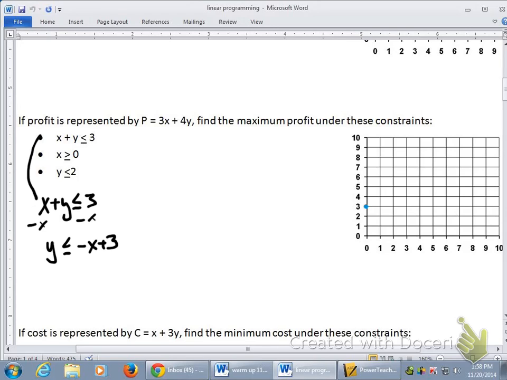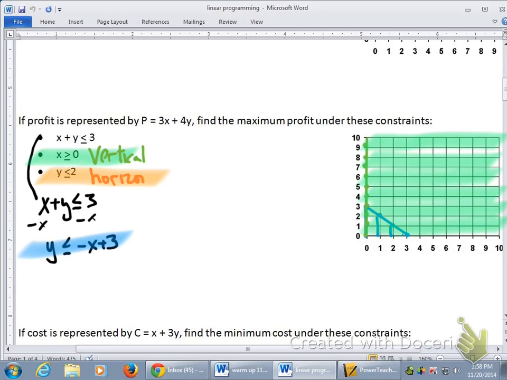Our first goal is to graph them, so I'm changing the first one. Okay, I know all that graphing went very quickly, but again, you can slow down and double check all that.